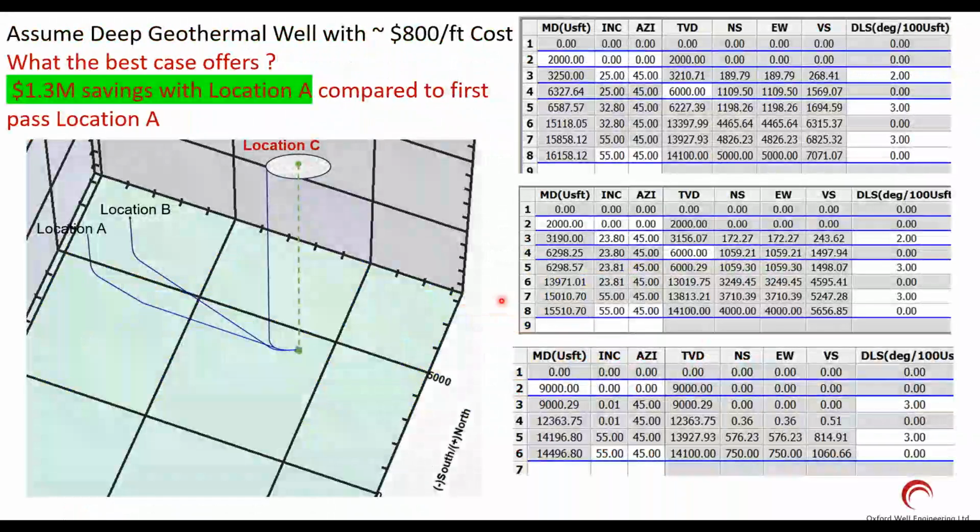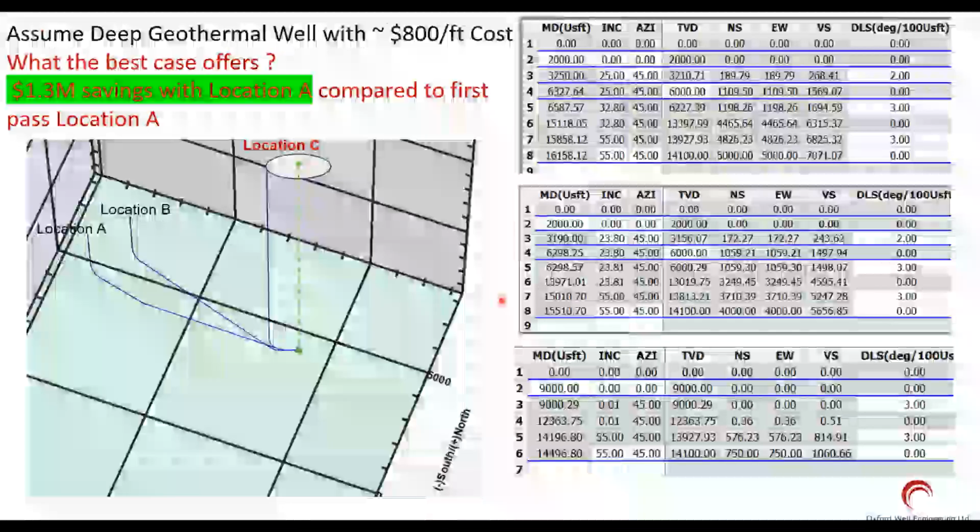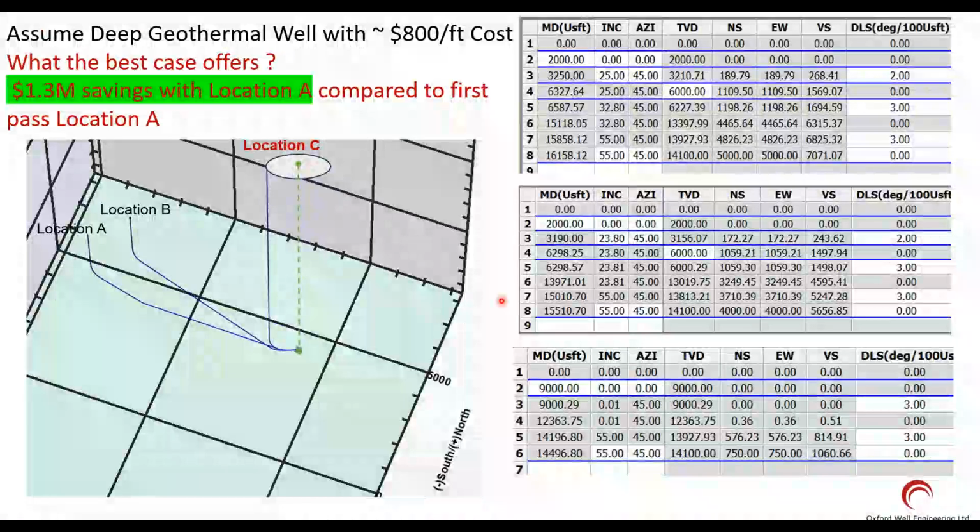Here is another example. I talked to you about location optimization. Somebody came and said, okay, this location is good for me. I told my vendors, the directional drilling provider, they gave me location A to drill from. I want to be at 55° inclination and 45° azimuth when entering and hitting my target.